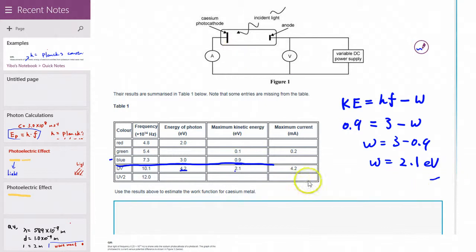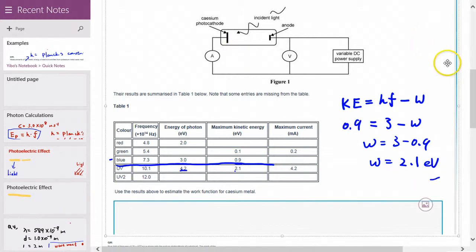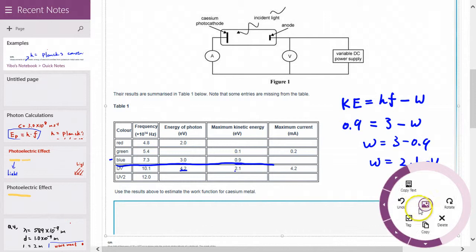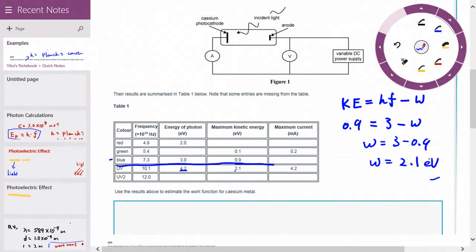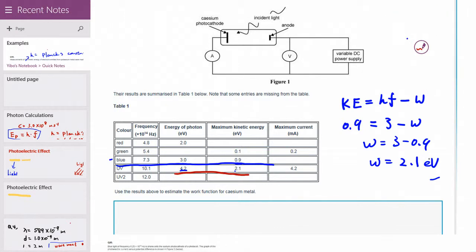If you use the same approach with the other values, you should get the same answer. You can try it now.